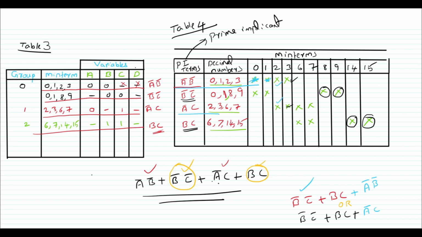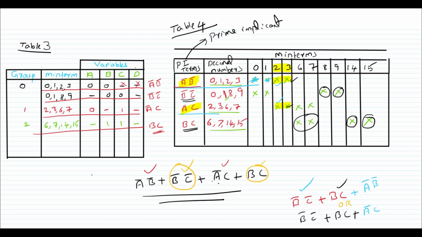And about 6 and 7, both are available in BC. It is already mentioned. It is already an essential prime implicant. So it is already there. So only the cases of 2 and 3 are available in both A bar, B bar and A bar, C. So we need either A bar, B bar or A bar, C. We don't need both.